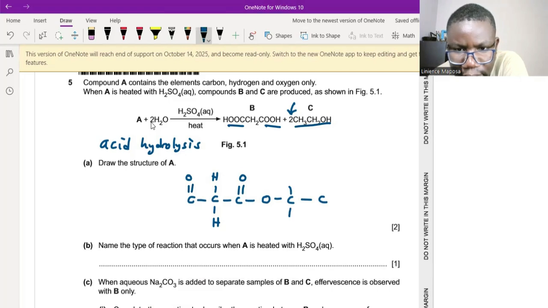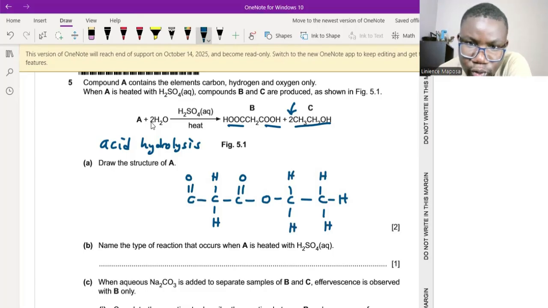And then this would have gone to ethanol, not ethanoic acid. So it would have been like this. And this was also the case on the other side because I have two molecules of ethanol. So this was also the case on this side before the acid hydrolysis. You see?